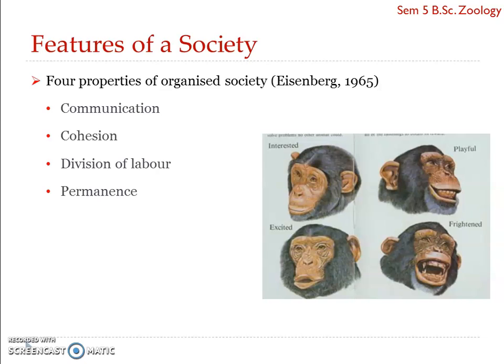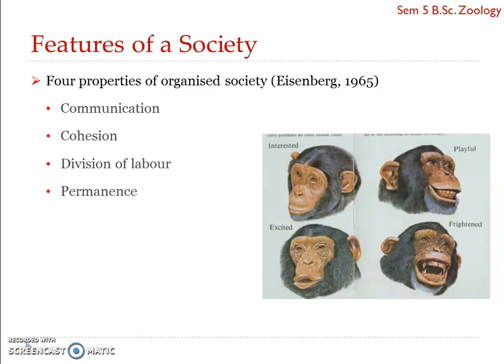Cohesion usually involves important factors like leadership, social hierarchy, social dominance, and altruism. When we speak about baboons, we saw that the subdominant males usually take up dangerous positions, so it is a kind of altruism for the whole society.